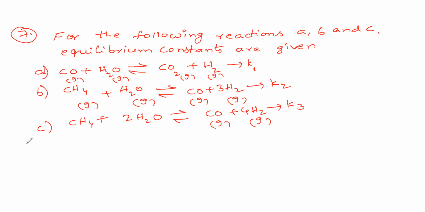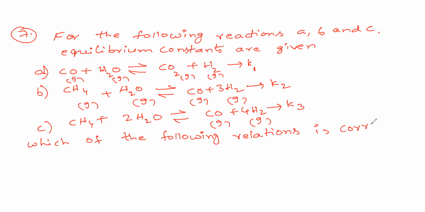Now, which of the following relations is correct? This is the question. They have given three equations with K1, K2, and K3, and they are asking the relation between these three. Option A, that is the first option, I write here because we have already used A: K1 root K2 is equal to K3.